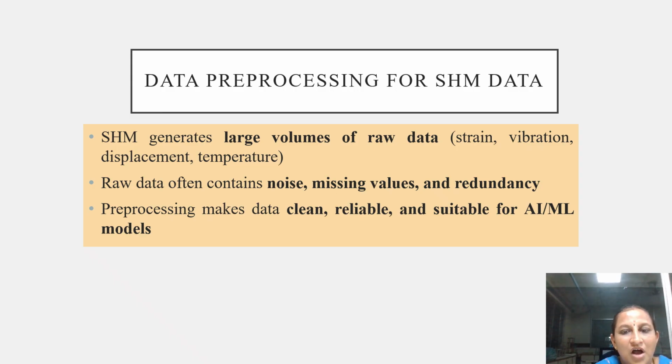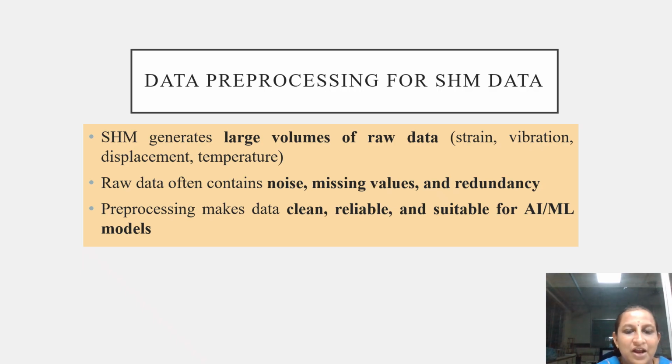We'll see now how AI is useful for data pre-processing, which is an important step for structural health monitoring. Sensors generate a large amount of data, and large volumes of raw data will be available, including strain, vibration, displacement, and temperature.